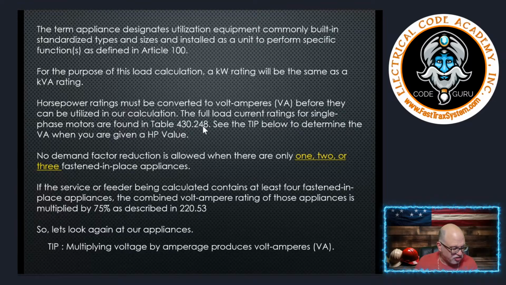Now, interesting question that people raise, and we'll go look at the code. In the 2023 edition of the NEC, people ask me all the time, is an EV charger an appliance? Well, yes, it's an appliance. It's made in standardized sizes, but specifically, when we're looking at appliances in 220.53 for the 2023 edition of the NEC, it specifically excludes EV charging systems from being considered an appliance in order to be able to be a part of this reduction that you get when you have 4 or more fastened in place appliances, okay?